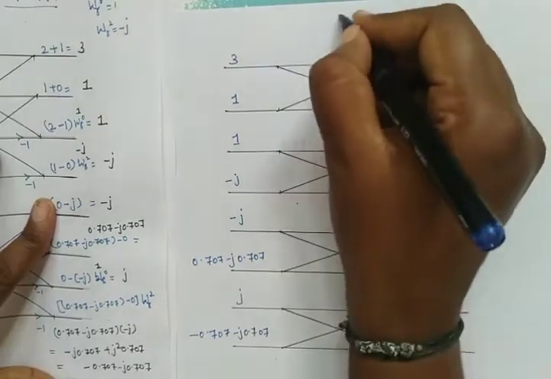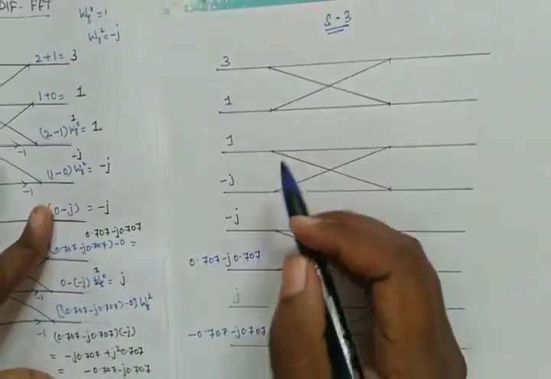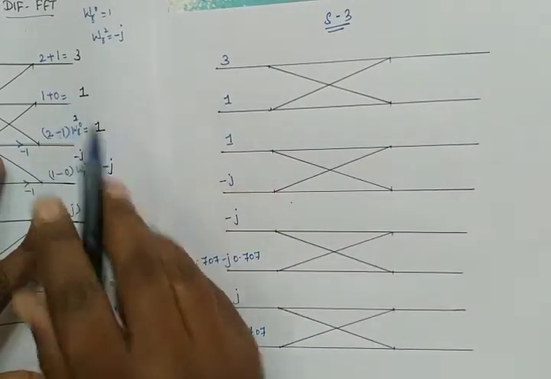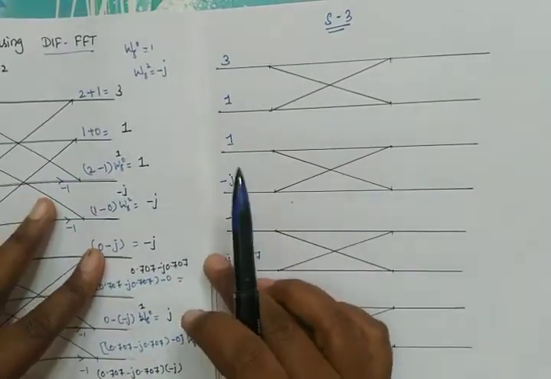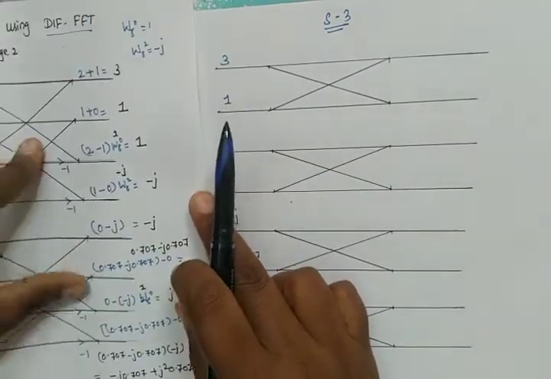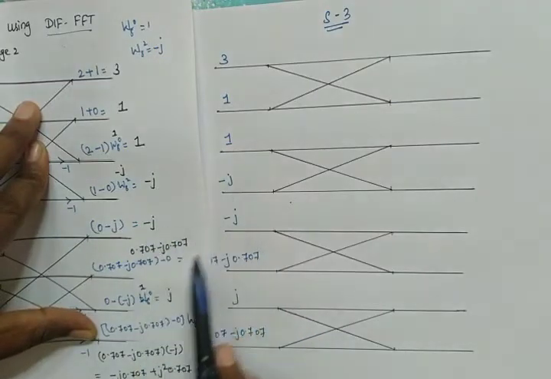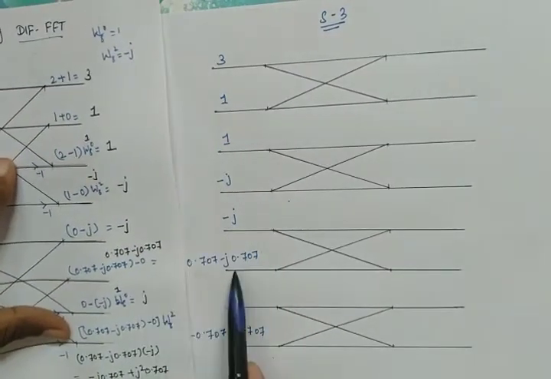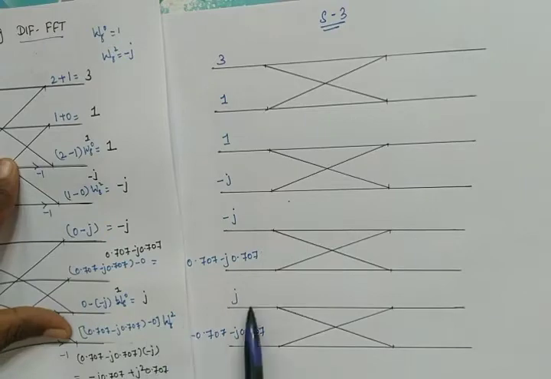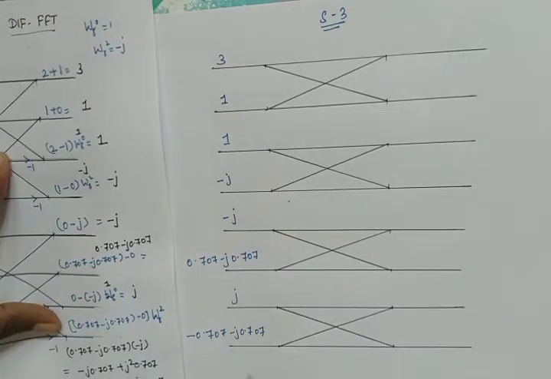So this is our stage 3. Just what we did is, we have copied this answer. So here we have, just listen here, we can compare this. See here, it is 3, 1, 1 minus j, 0.707 minus j 0.707. This is j, and here it is minus 0.707 minus j 0.707.